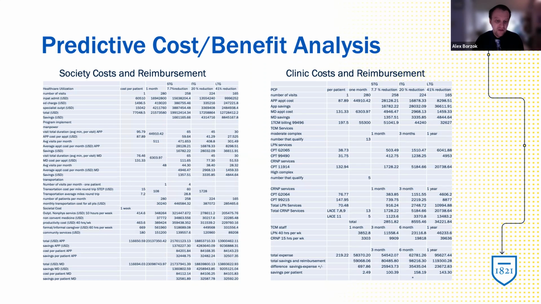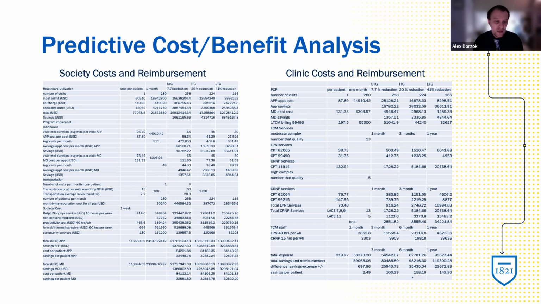Each would save roughly, at the highest, with a 41% reduction in readmissions, around $9.2 million a month for APPs and $9.2 million a month for physicians, combined $18.4 million a month in savings to the health system, with costs of providing care. And all of these cost savings utilized the previously identified short-term, intermediate, and long-term goal benchmarks from our outcome table that we just saw on the previous screen.